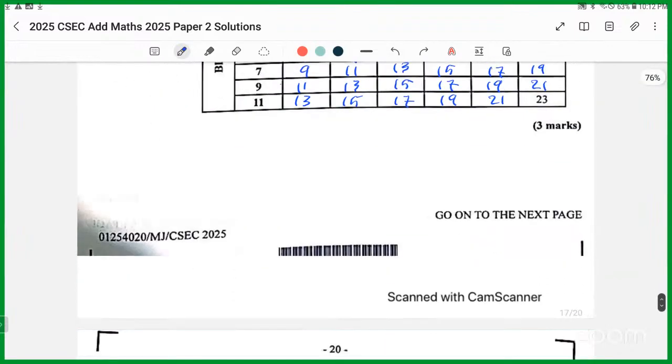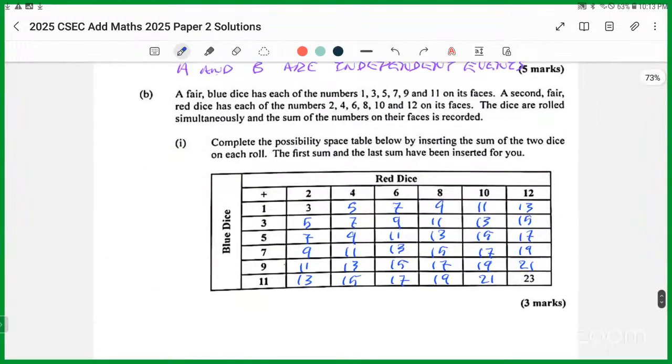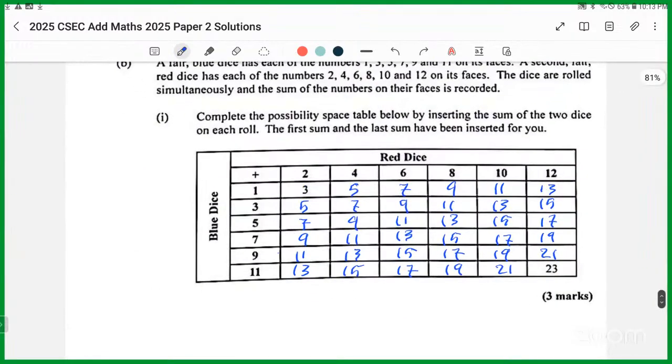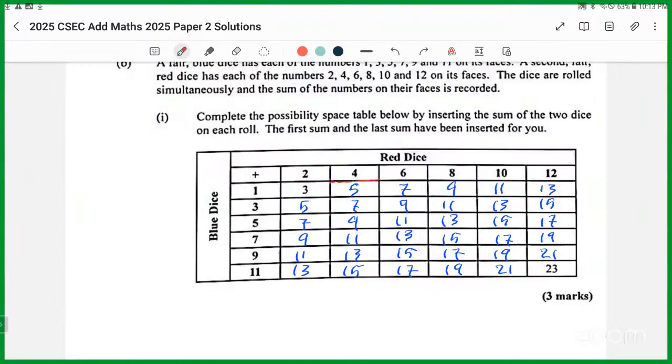That's easy. This part asks for the probability that the sum of the scores of the two dice is a prime number. The question is how many prime numbers there are. All the numbers are odd, so we're not counting 2, which is the only even prime. We're talking about this sample space here, and that's where we want the values from.